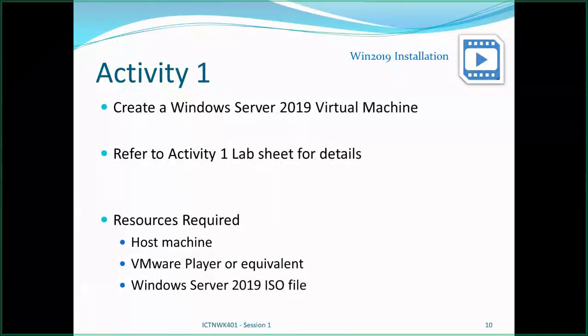So I think it took about 20 to 25 minutes to actually set up the virtual machine. That will vary depending on your machine and how much RAM and processors you've allocated to the virtual machine.